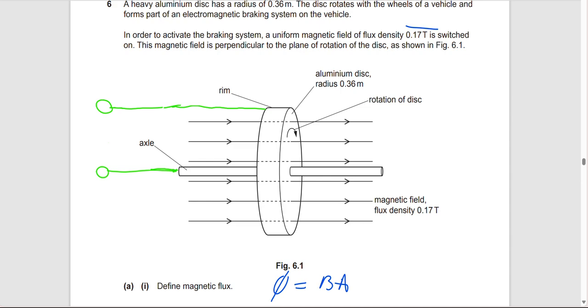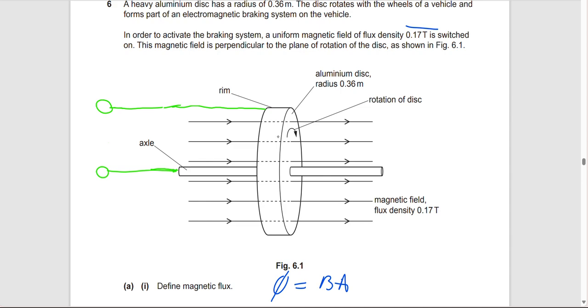Now remember the principle of electromagnetic induction. When a conductor spins or rotates in a changing magnetic field, a current is induced in it. So in this case, we're using Lenz's law. The current, first of all, is going to be perpendicular to the direction of the field.